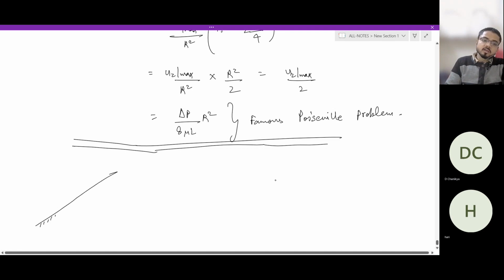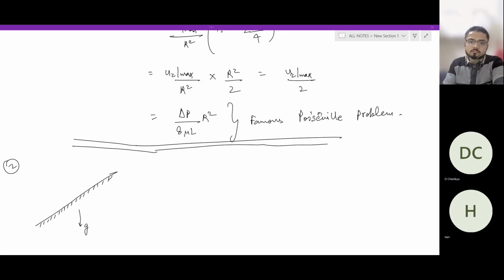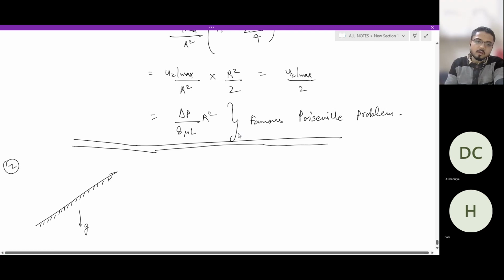Let us suppose you have an inclined plane. This is the second problem. And you have gravity right here, and you have a film. You know a film, right? A film of fluid that is flowing under gravity right here.